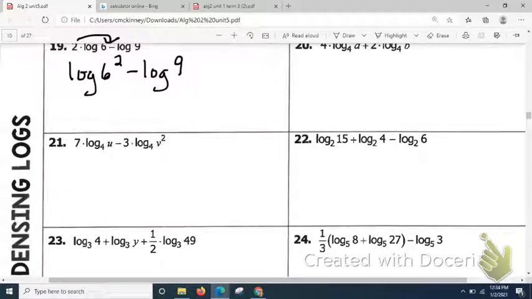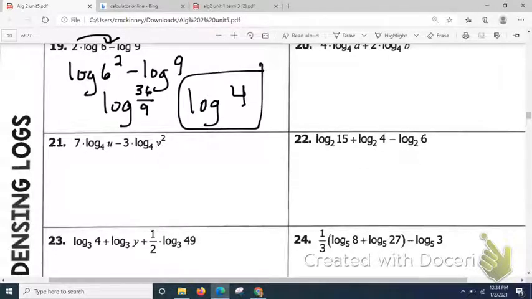And if we're condensing, our final answer can only have the word log one time. And then subtraction goes with division. So this is the same as log of 36, which is 6 squared, divided by 9, which is the same as common log of 4 as our final answer.